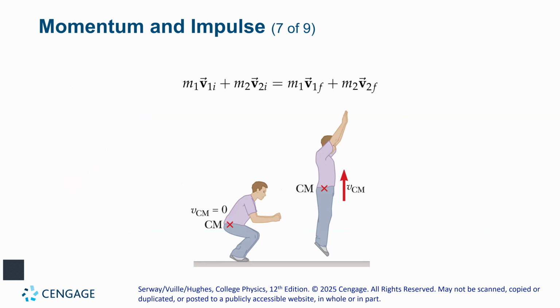Another application of the impulse and momentum theorem, or momentum conservation, is that a person who jumps up is using a force that is changing the momentum of the person.